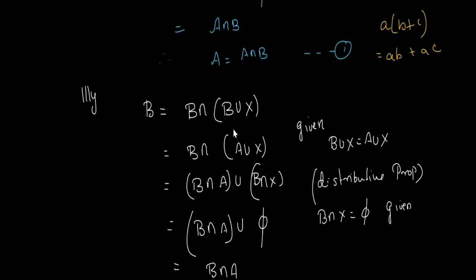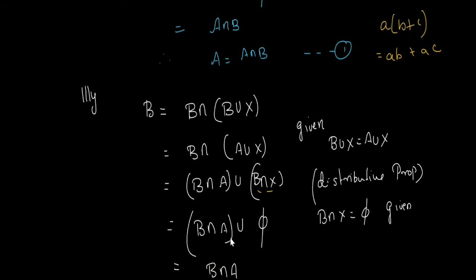B union X, you have to replace it by A union X because that is given in the question. B union X is equal to A union X. So use the distributive property here. B intersection A union B intersection X. And it is also given B intersection X is equal to empty set. That is given in the question.